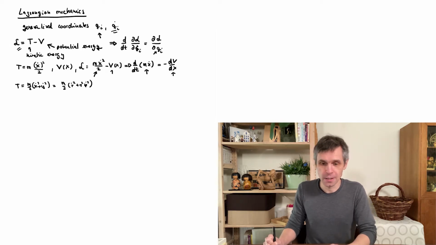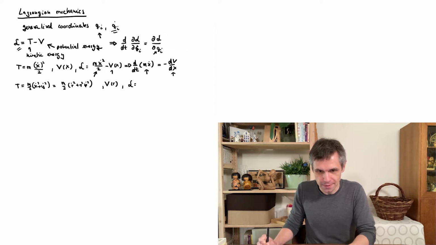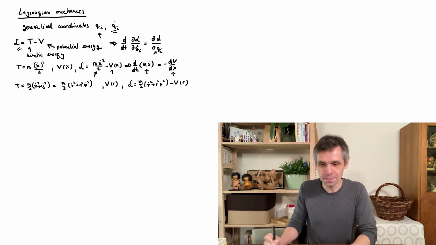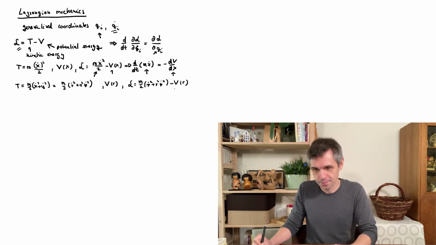And the potential energy would just be a function of this radial distance. So the Lagrangian would simply take the form m over 2 times these derivatives here, minus this potential energy. Now notice that this Lagrangian does not depend on phi.